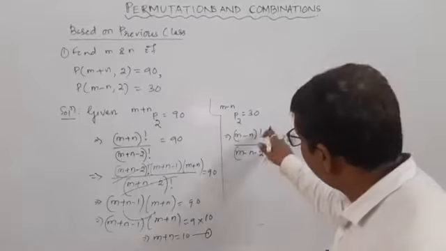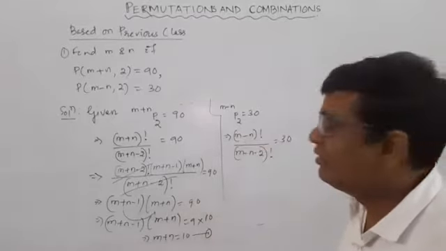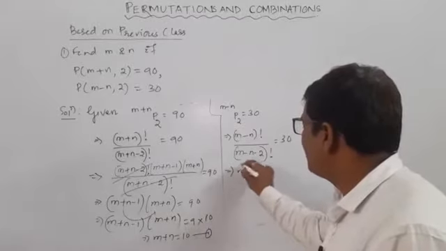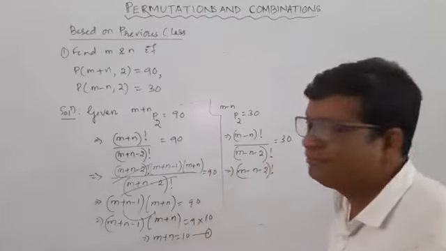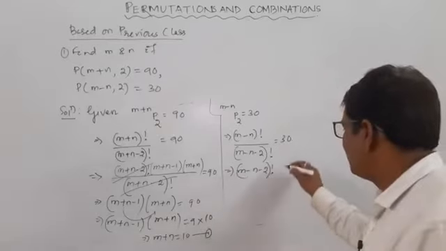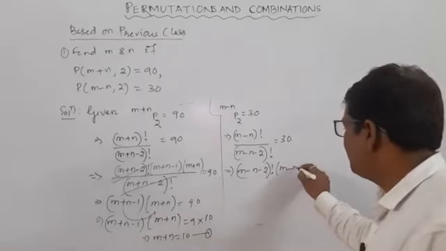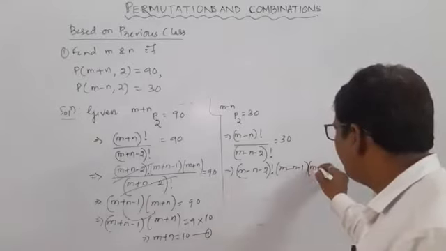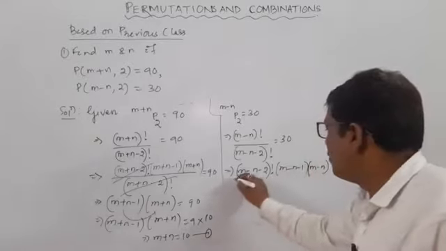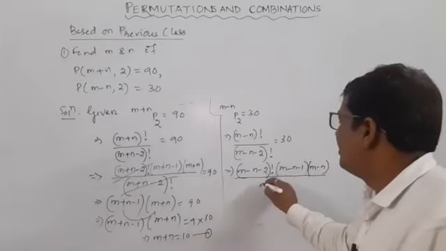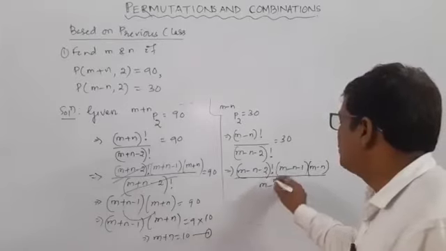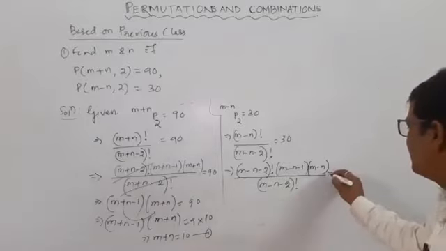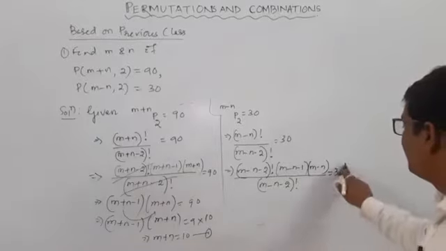So break the numerator as (m-n-2)! into (m-n-1) into (m-n), divided by (m-n-2)!, equal to 30.